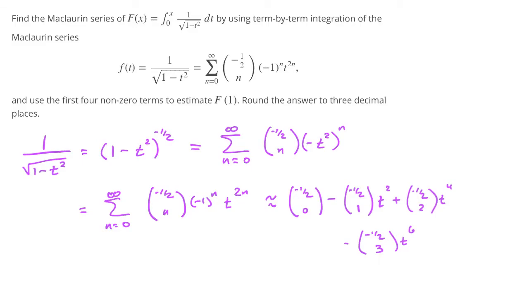Now we can plug in our formulas for the binomial coefficients. Negative 1/2 choose 0 is defined to be 1.